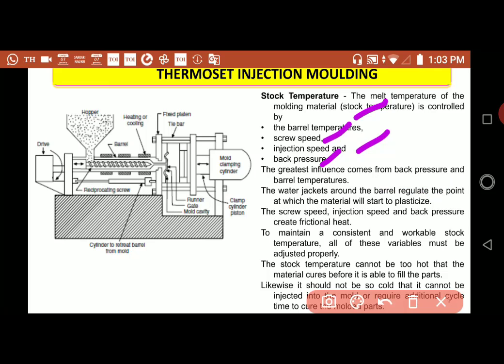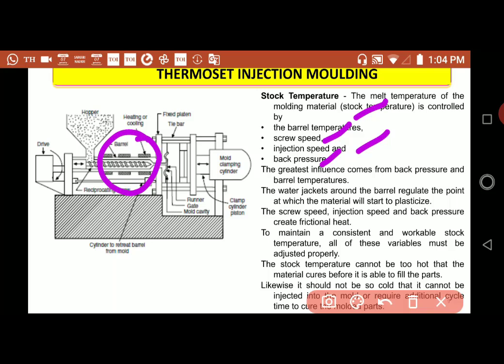And barrel temperature. These are the water jackets around the barrel, which regulate the point at which the material will start to plasticize. The screw speed, injection speed, and back pressure create the frictional heat.